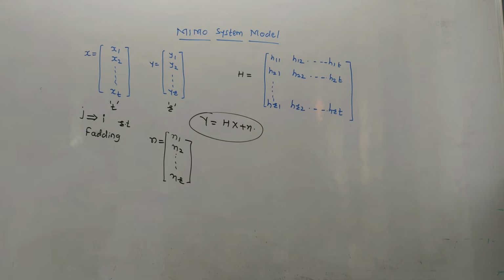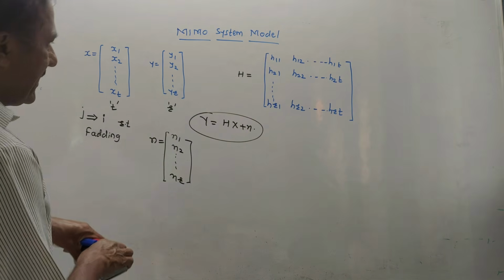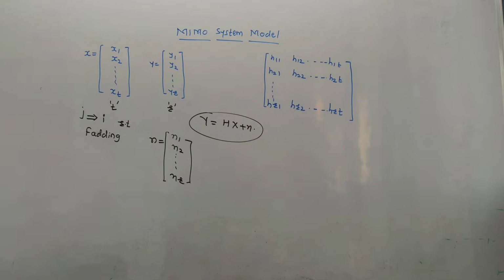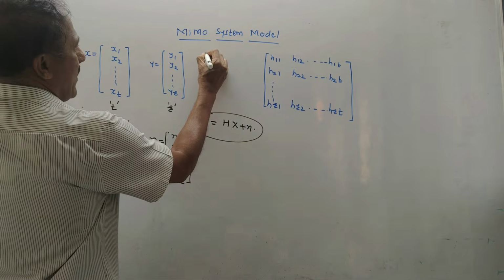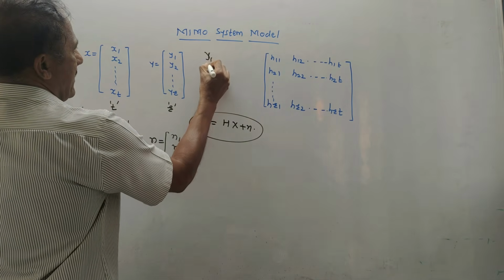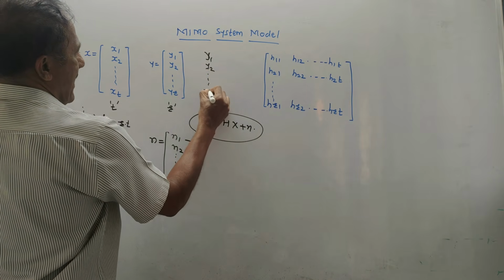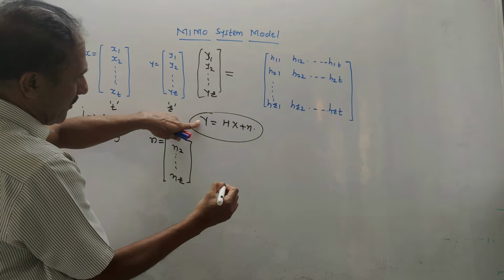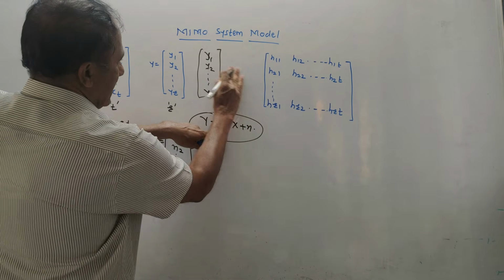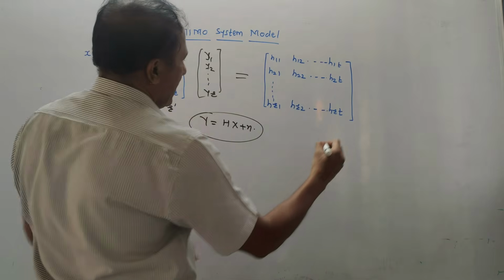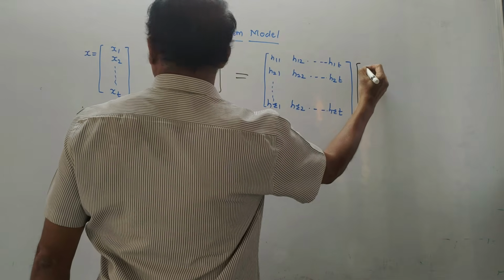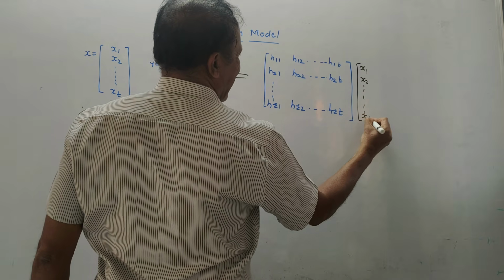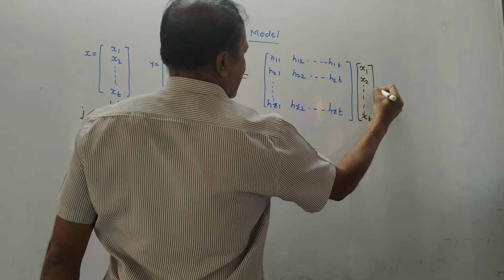If you want to write it in terms of the final equation, we can write it like this. This is the matrix H. So this matrix Y, that is y1, y2 up to yr, is equal to the matrix H, which we have already written, multiplied by matrix X, that is x1, x2 up to xt, plus the noise matrix.